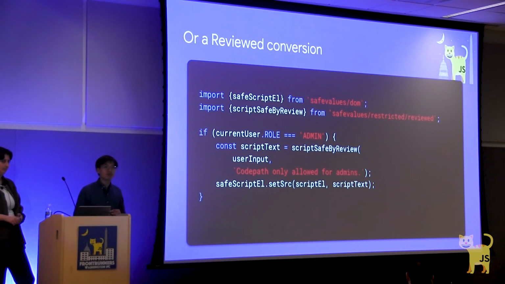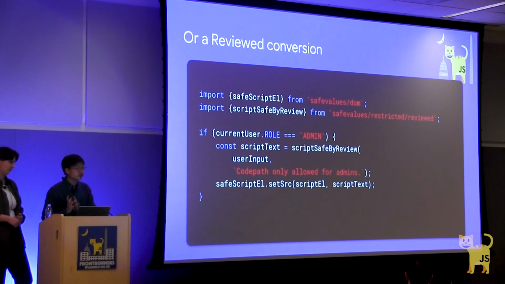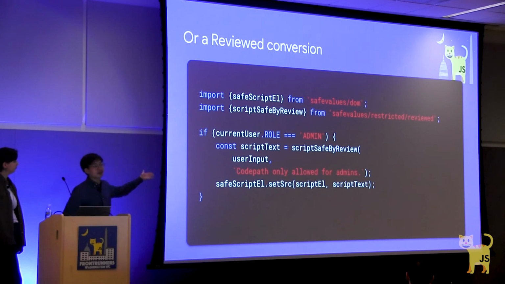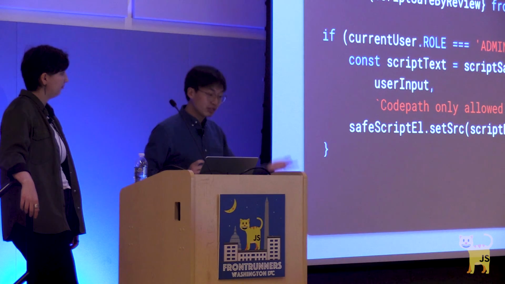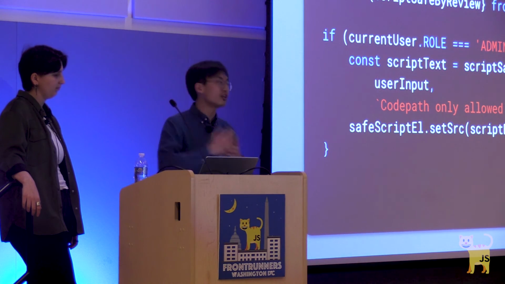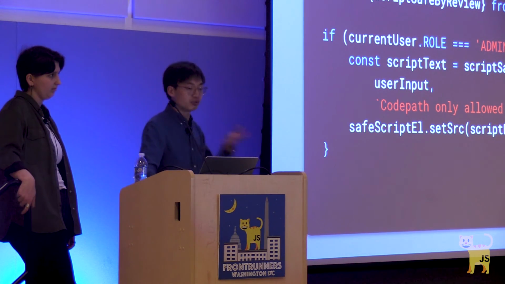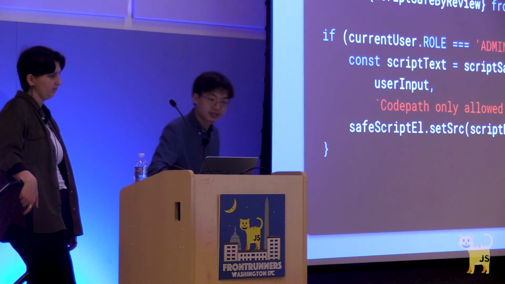And for that, we will use a reviewed conversion to mark it as, hey, this code path is safe. And our API here sort of requires you to actually leave a reason on why we thought it was safe, so that when you revisit this code, we don't lose our train of thought on why we did this review before and why we think it's safe.